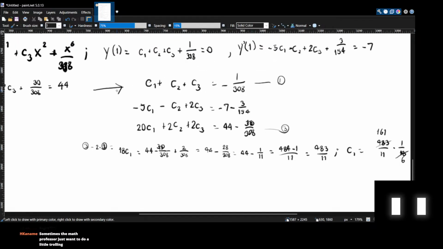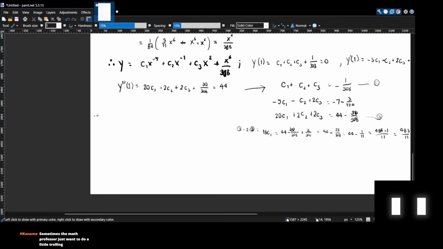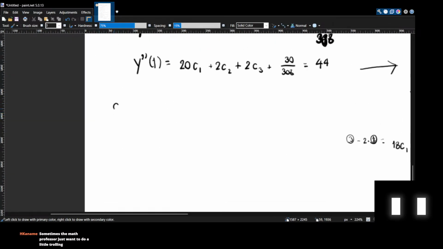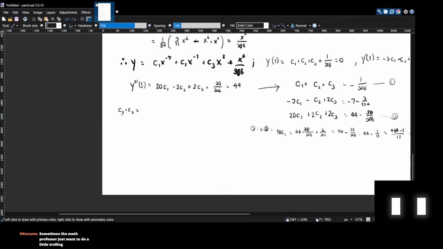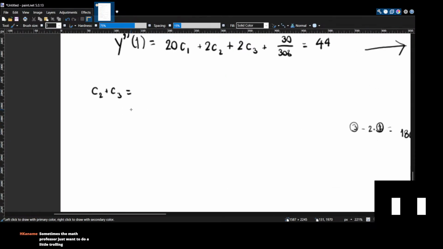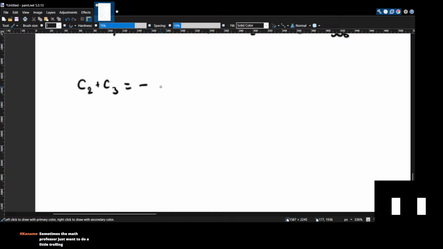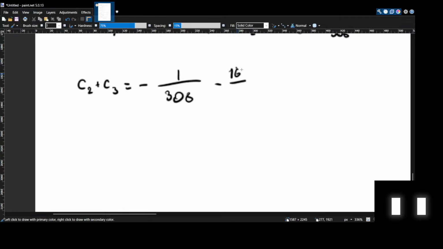Alright, so this is C1. So now we can find C2 plus C3. It's equal to negative 1 over 308 subtracted by 161 over 66. Oh my god.